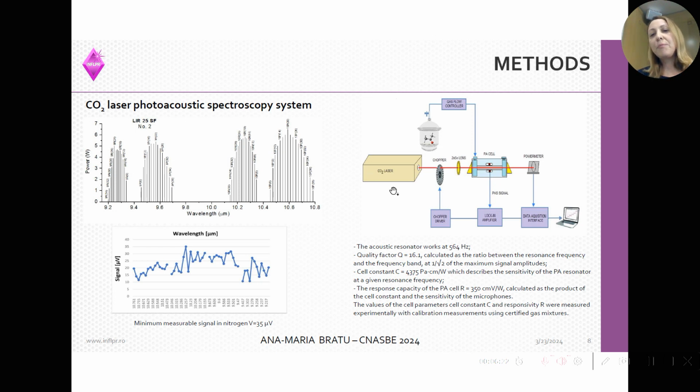The laser emits power between 0.5 and 5 watts in the spectral range of 9.2 to 10.8 micrometers on the 4 branches, 9R, 9P, 10R, and 10P.